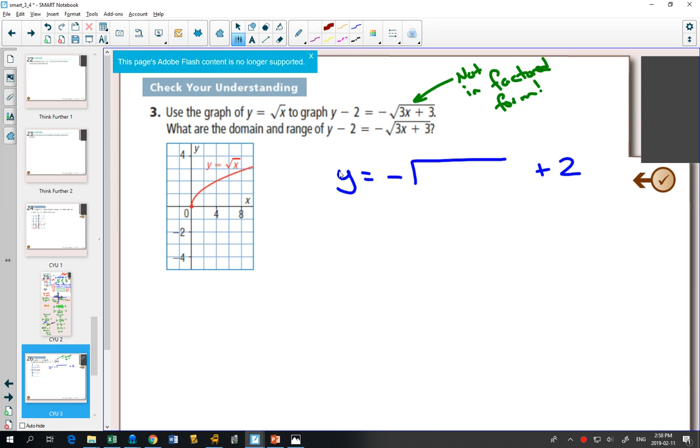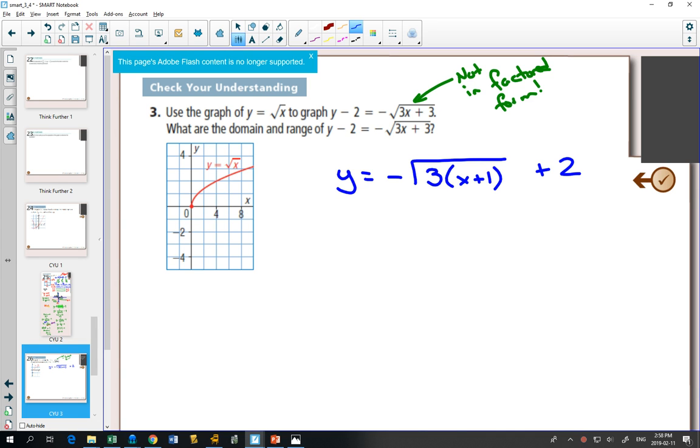What parts do we need to look at for factored form is whenever you have a horizontal stretch, compression, or reflection and horizontal translation, which we do, we have a horizontal compression and a horizontal translation, it needs to be in factored form. So what we have to do is we have to factor the 3 out, leaving us with x plus 1.